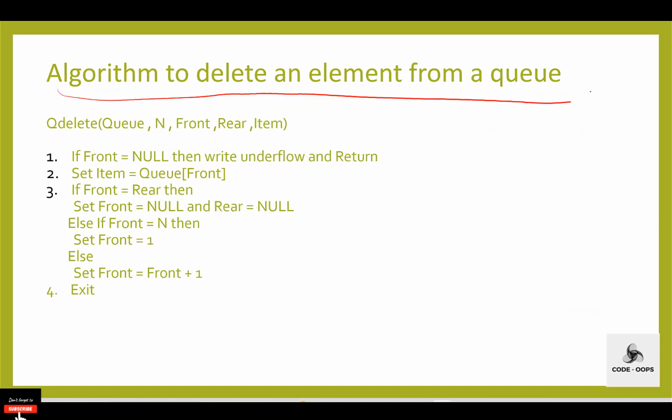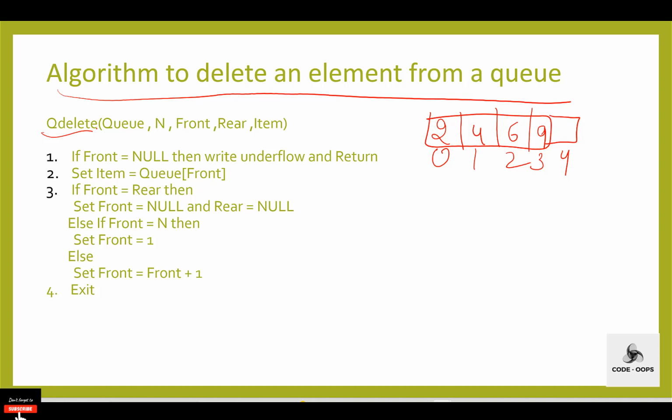Next, the algorithm to delete an element from a queue. Queue delete is the name of the algorithm. Q is a linear array. N is the maximum number of elements in the queue.